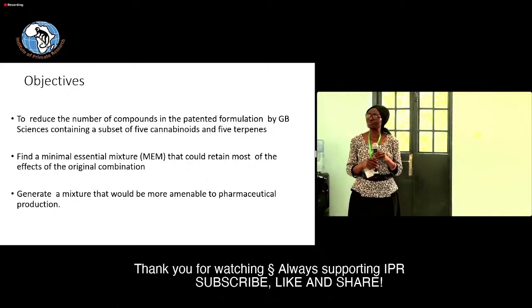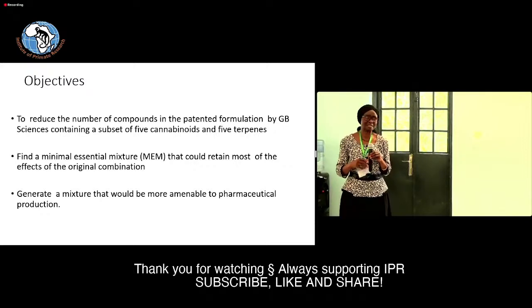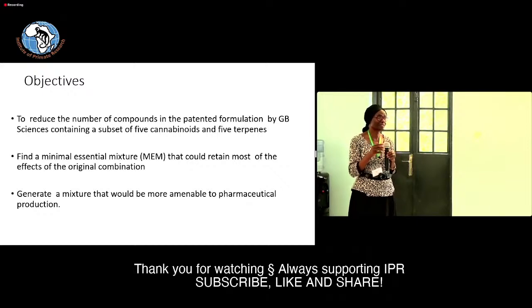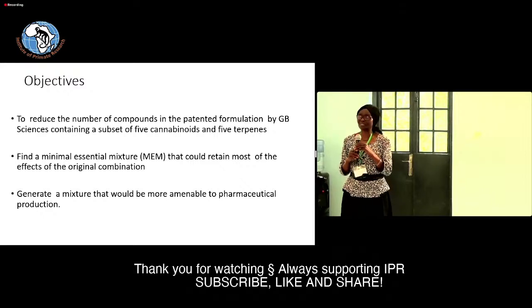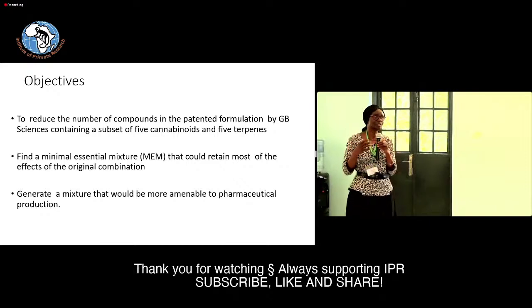So the objective of this study was to reduce the number of compounds in the patented mixture. As I just told you, a pharma company had already patented a mixture with 10 bioactives from cannabis sativa. This study set out to see if they could reduce the number of active principles and find the minimum essential mixture that could retain most of the activity but still contain fewer bioactives.